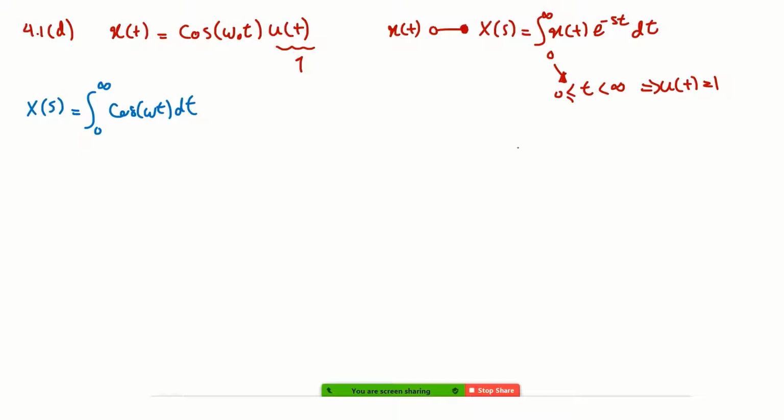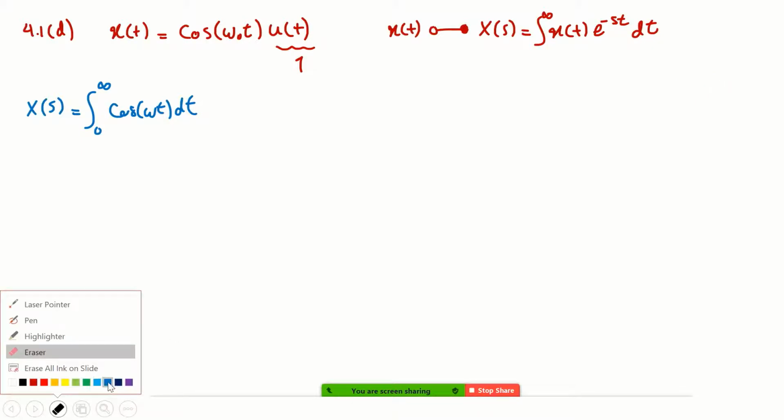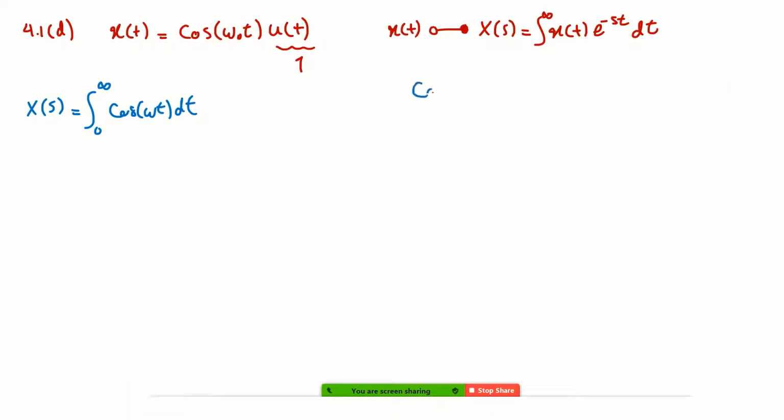Let me write that here. I can write the cosine of omega t equal to 1 over 2 times e to the power of j omega t plus e to the power of minus j omega t. Okay.